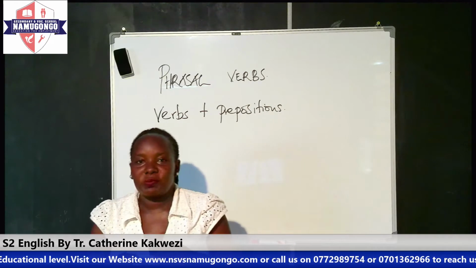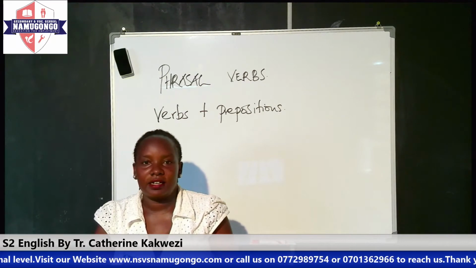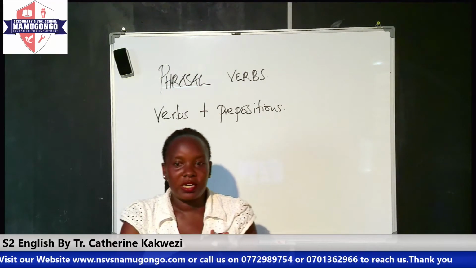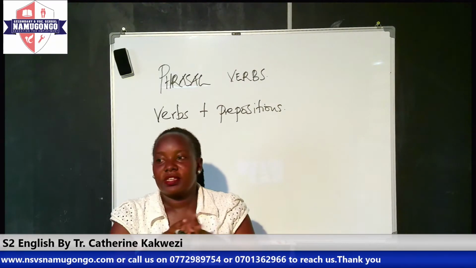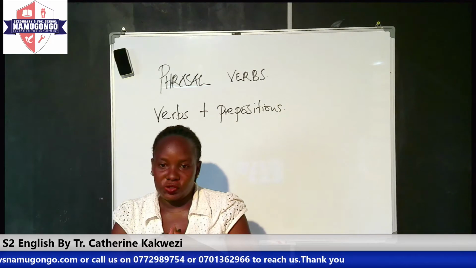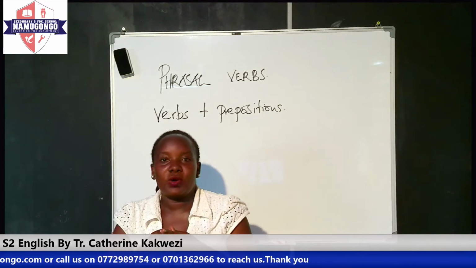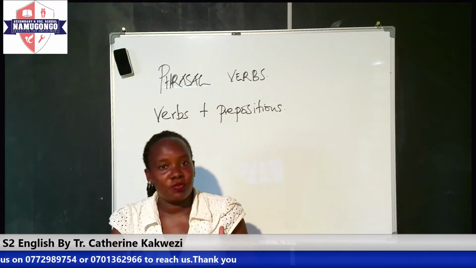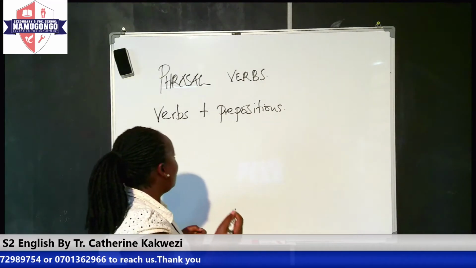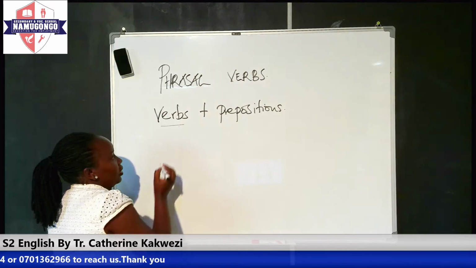Now listen up. Like I said, a phrasal verb is a verb that is formed when you combine a verb and its preposition. Therefore, when you look at a phrasal verb, it is different from when you look at a verb alone.